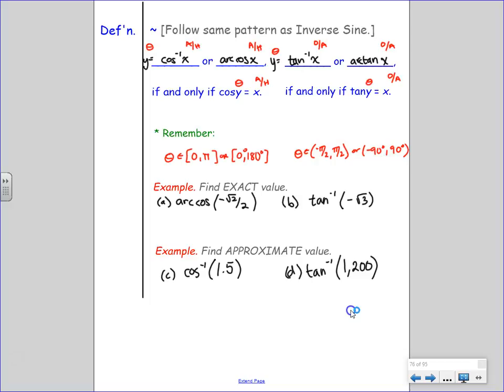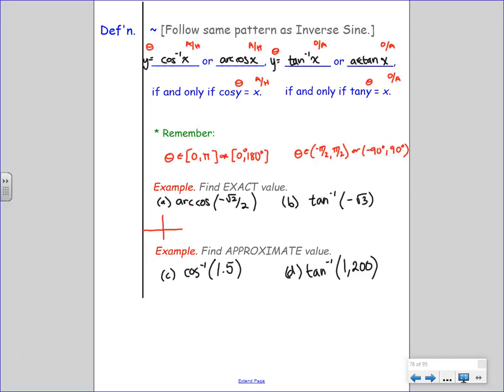Which of these can we use the unit circle for? The top ones, right? Arc cosine. Where are we allowed to look for him? What quadrants? Quadrants 1 and 2. We're only allowed to look between these values. Where is cosine going to be a negative number? Quadrant 2.